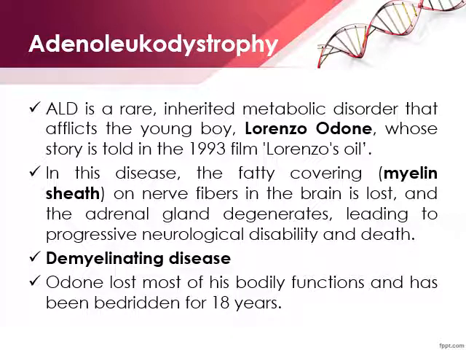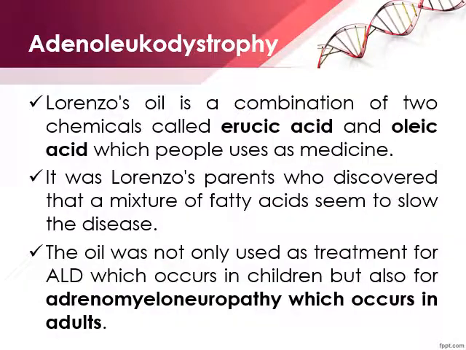We also have adrenoleukodystrophy. It is a rare inherited metabolic disorder that afflicts young boy Lorenzo Odone, whose story is told in the 1993 film Lorenzo's Oil. The fatty covering of the myelin sheath on the nerve fibers in the brain is lost, and the adrenal gland degenerates, leading to neurological disability and death. So it is a demyelinating disease. Odone lost most of his bodily function and has been bedridden for 18 years.